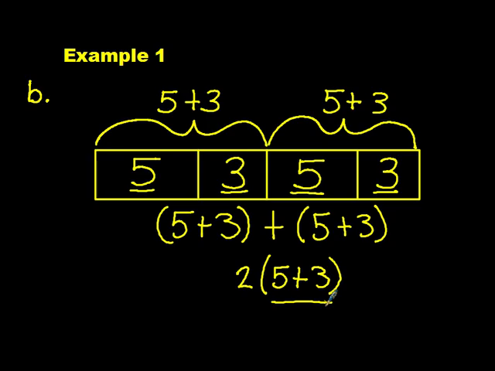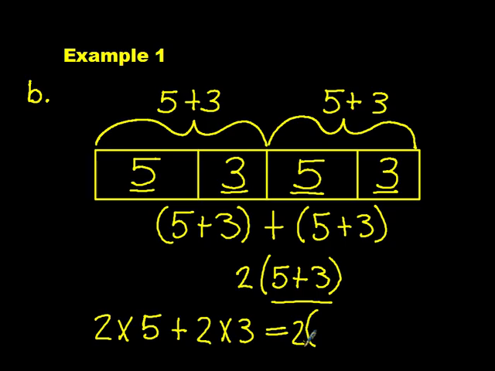Is the model in Part A equivalent to the model in Part B? Yes, because both expressions have 2 5s and 2 3s. Therefore, 2 times 5 plus 2 times 3 is equal to 2 times the sum of 5 plus 3.